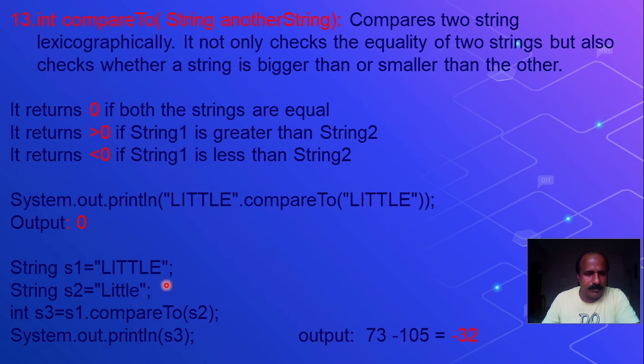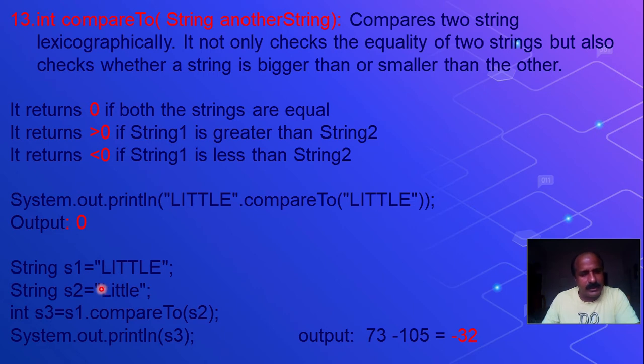This is very important. I am making it clear once again. What is our string? "little", and this is also "little". Now in this case, when the characters are different, then character wise comparison will be done. The first character will be compared with the first one of the second string, because S1 is the first one, that's why this will be compared with this one.